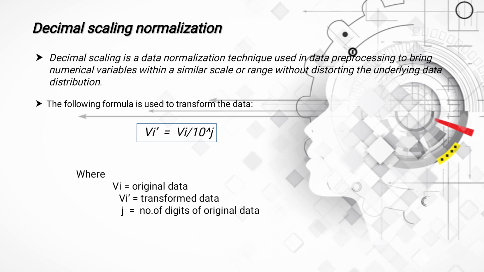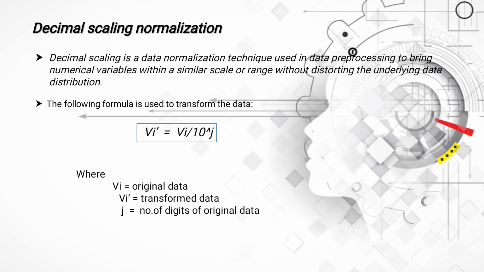The following formula is used to transform the data, which means Vi dash is equal to Vi divided by 10 power j, where Vi dash means transformed data, j is equal to number of digits in the original data, which means suppose we have data as 32,000 in which the data consists of 5 digits, so j value becomes 5.